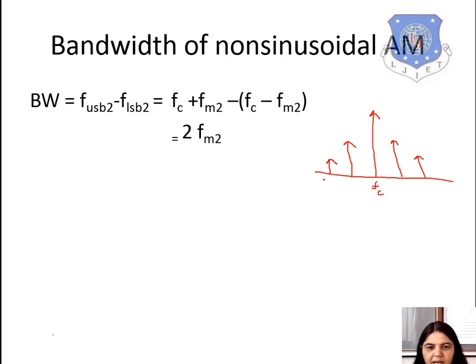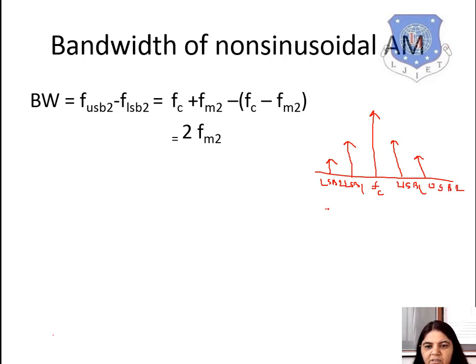So it is LSB1, LSB2, USB1, and this is USB2.